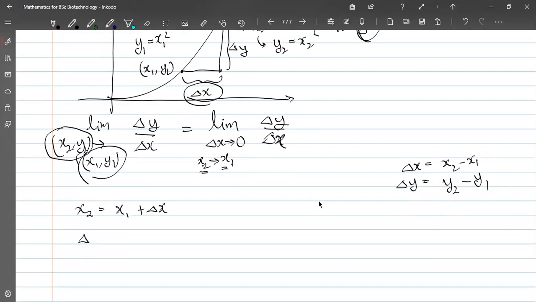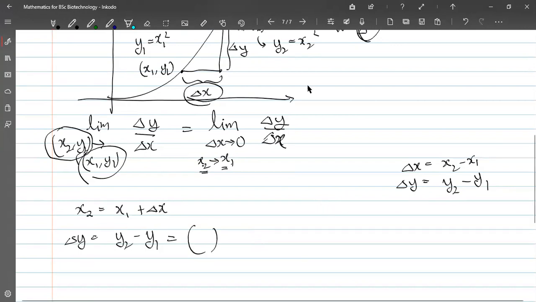And therefore, delta y, which is y2 minus y1, is equal to, now what is y2 in terms of x2? y2 is x2 square.